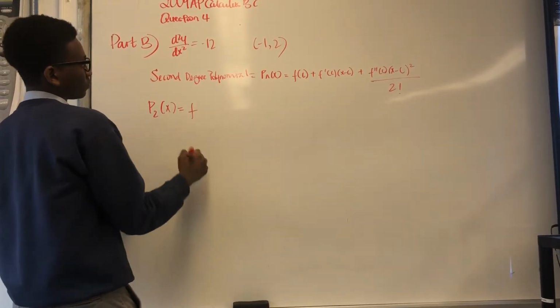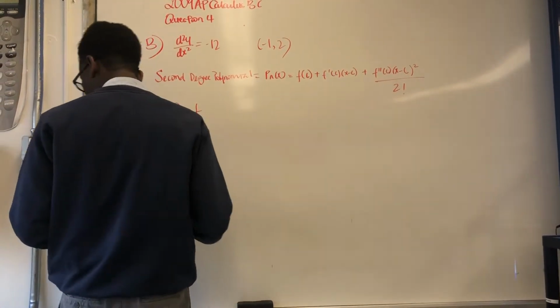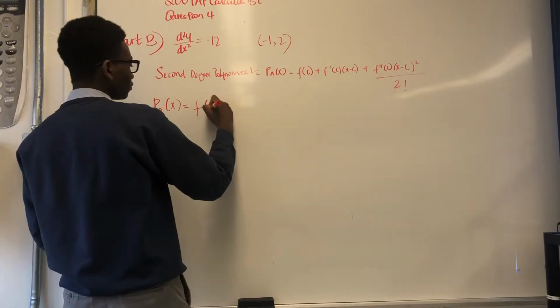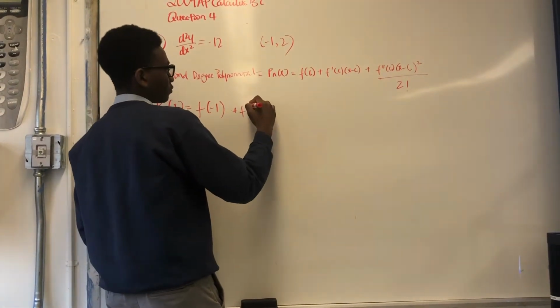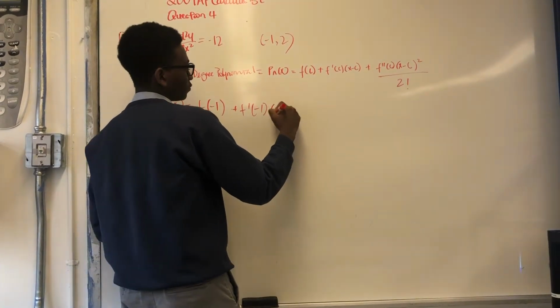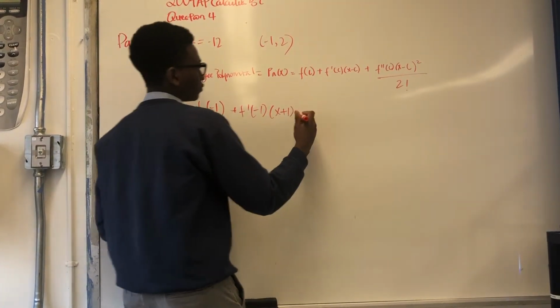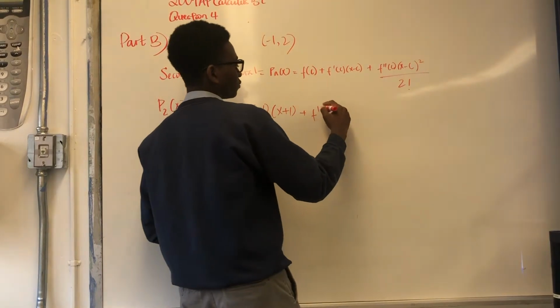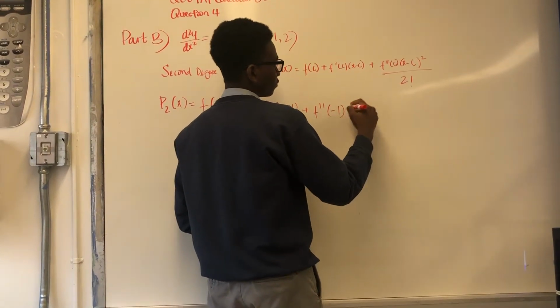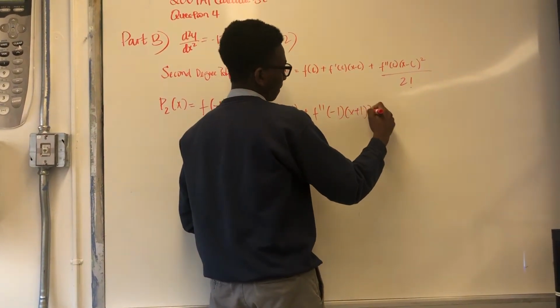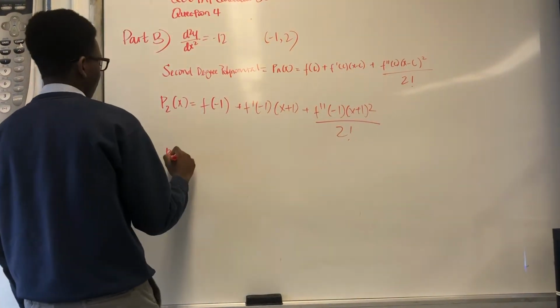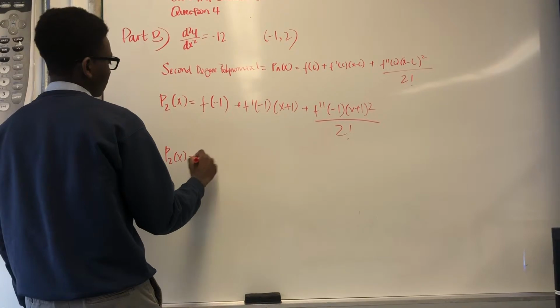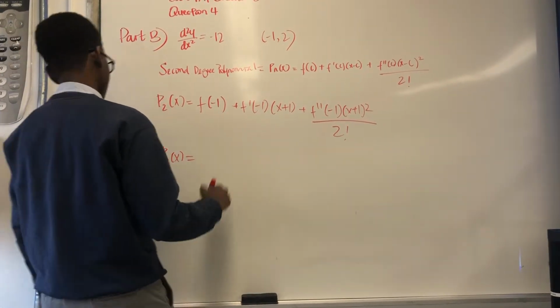So it would be P2 of x, and the n is replaced by 2 since you're doing the second degree. So it's f of negative 1 plus f prime of negative 1 times x plus 1 plus f double prime of negative 1 times x plus 1 squared over 2 factorial. So now you can plug in the values that we got from part A and the values that they give you.